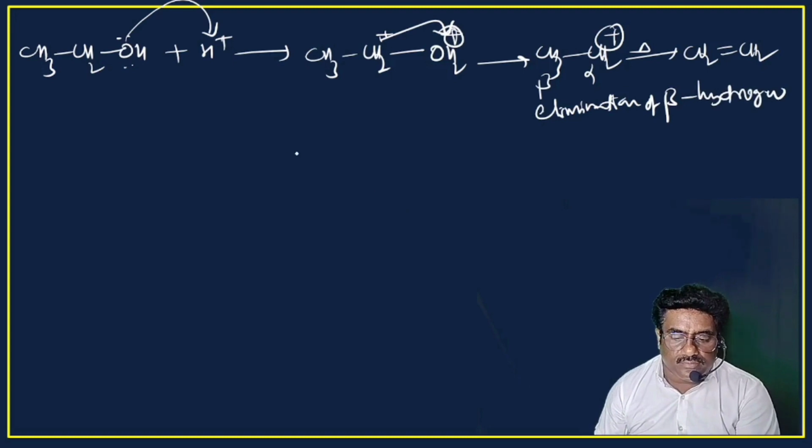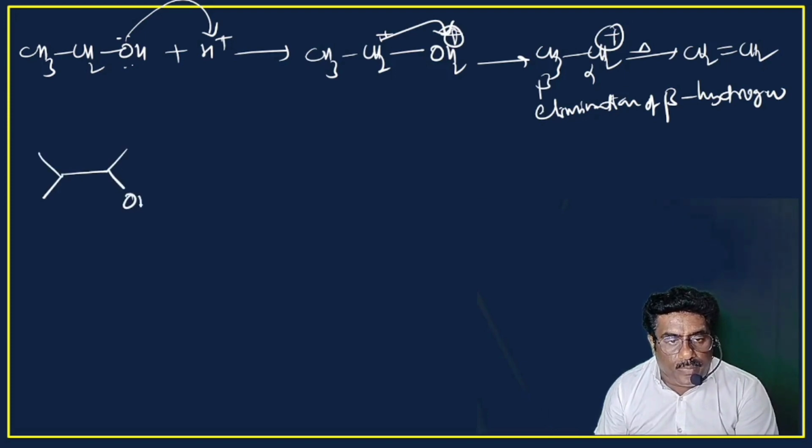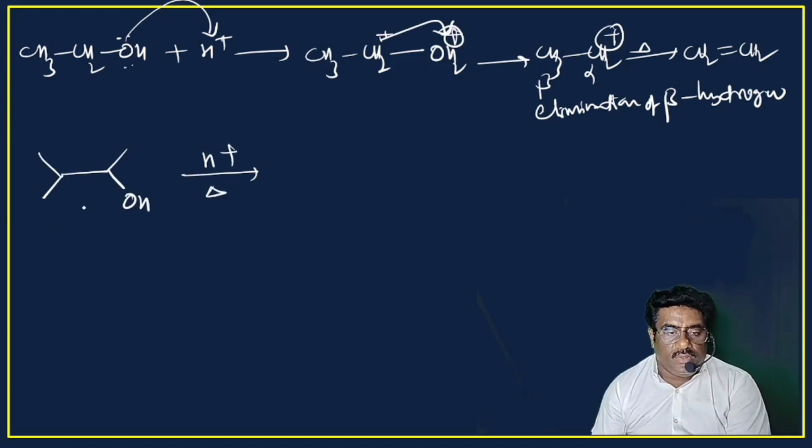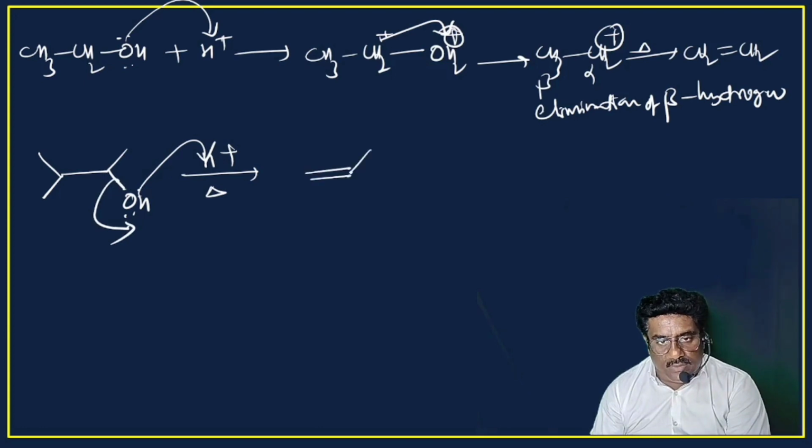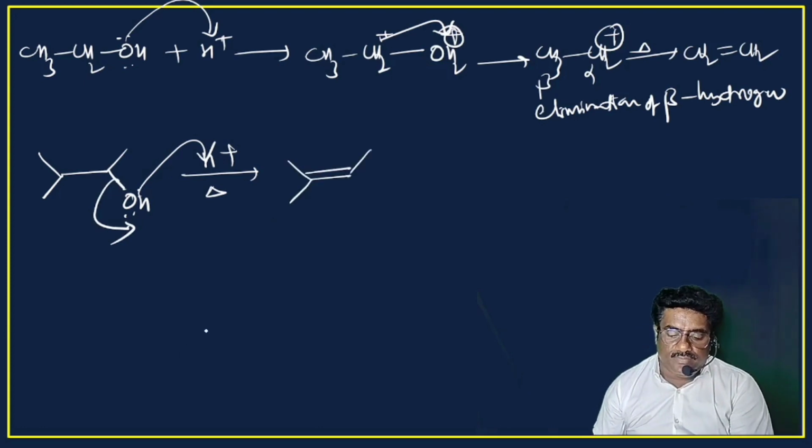Have a look. For example, OH in presence of H plus with heating, what is the product? Very simple. It is protonated in the form of OH2 plus, it eliminates OH2 and forms the alkene system.